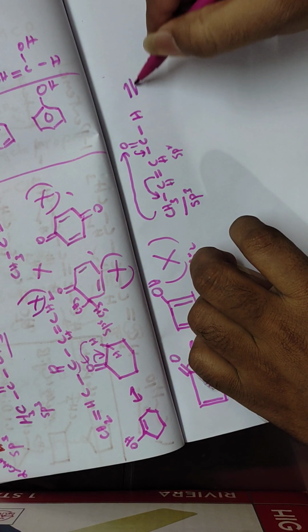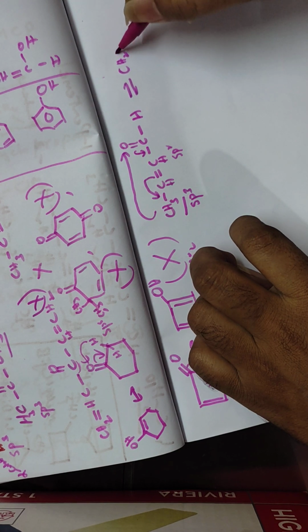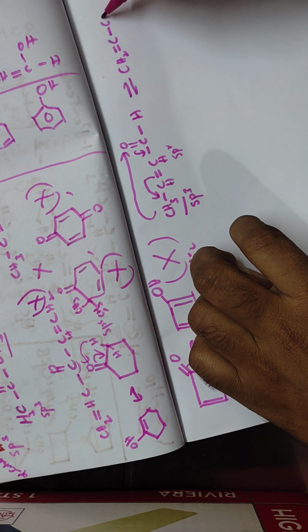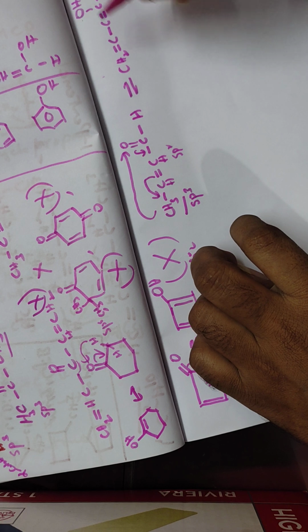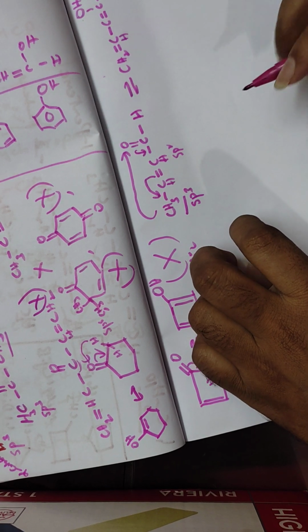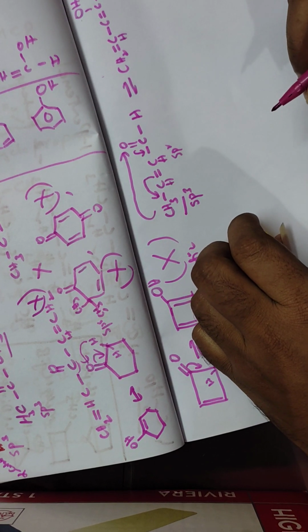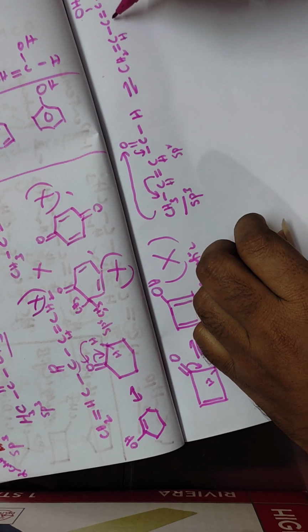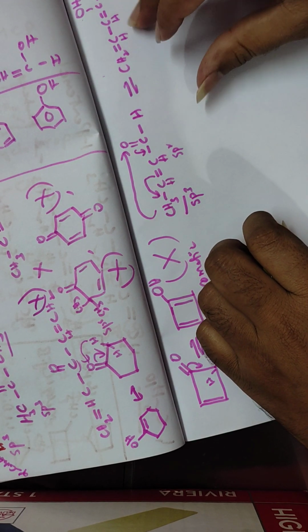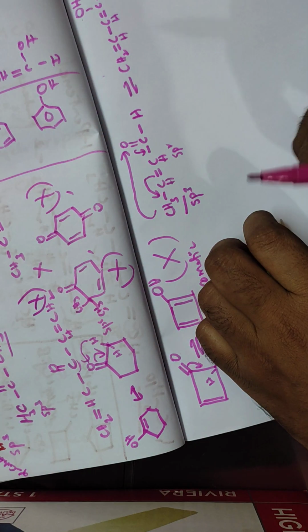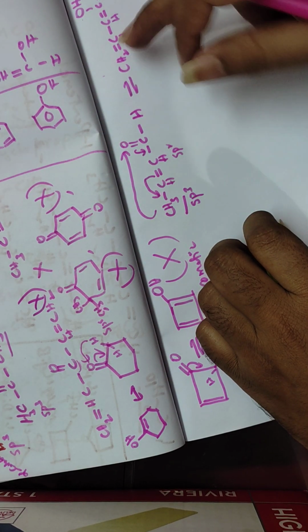Then CH2 double bond C, single bond C, double bond C, here OH, here H. Here one hydrogen is needed for carbon. Here also one hydrogen. So this compound will be formed. These two compounds are the tautomers.